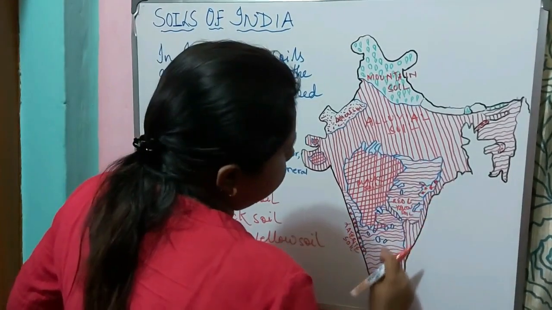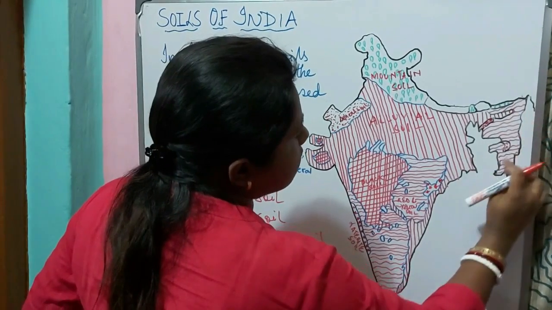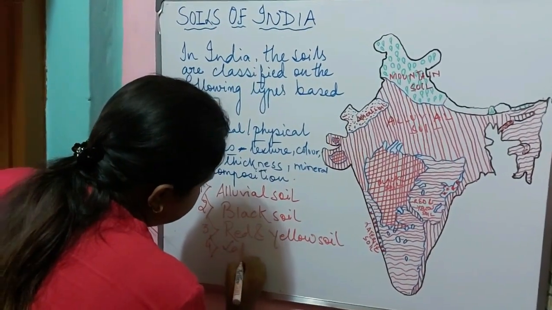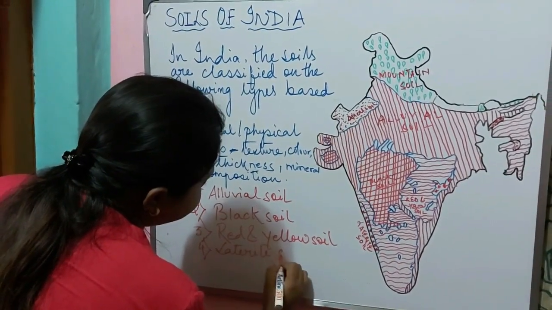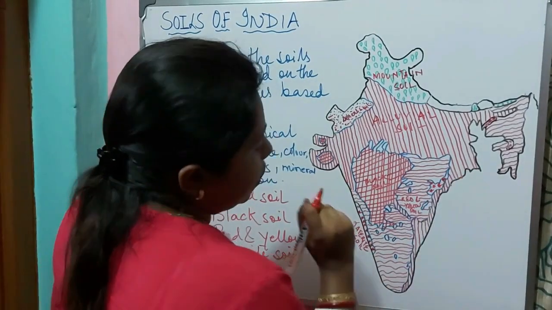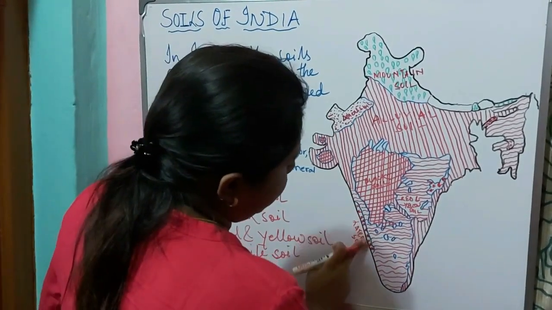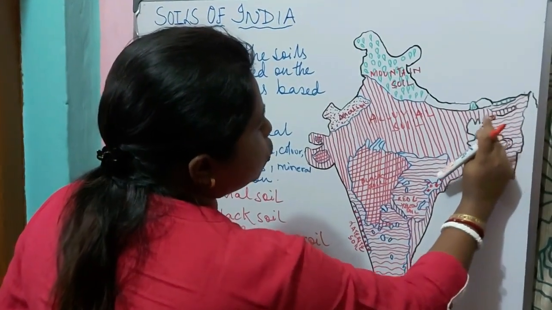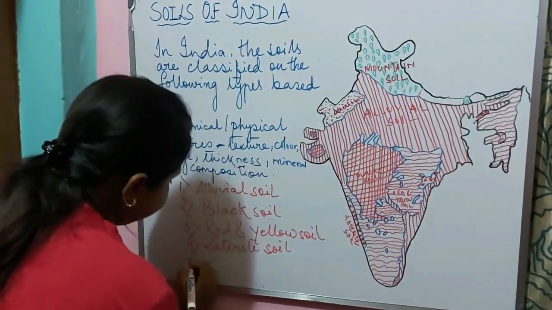Here is my red and yellow soil. Some parts of the northeast are also covered with red and yellow soil. Number 4, laterite soil. You can see here we have the laterite soil. This is a portion of the laterite soil. And here also some parts, this portion is covered with laterite soil.